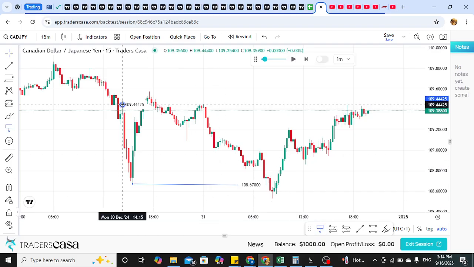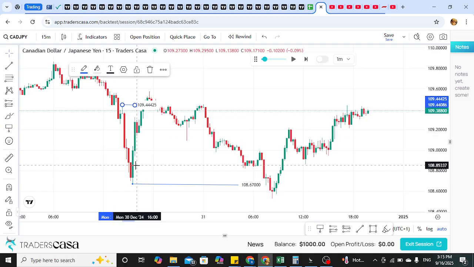The inducement is the last pullback after a peak or bottom. This way, a bottom is identified, the low of the range is identified.